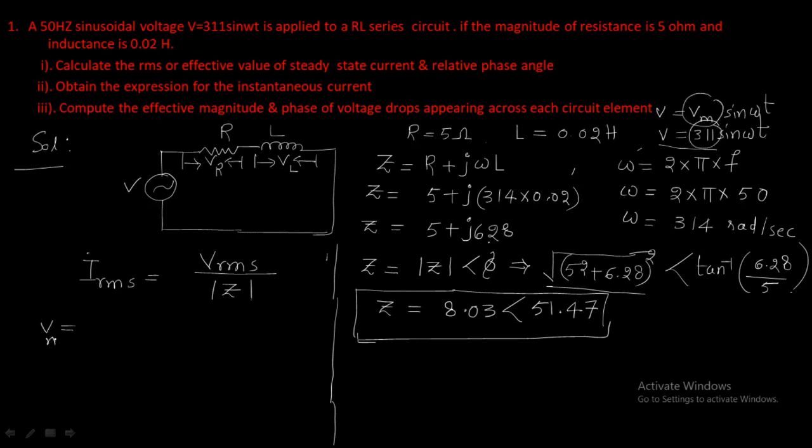From that we can find Vrms equal to Vm by root 2, that is 311 by root 2. By doing the calculation we get Vrms equal to 220.